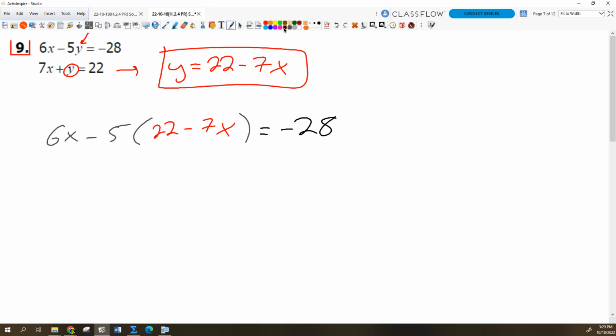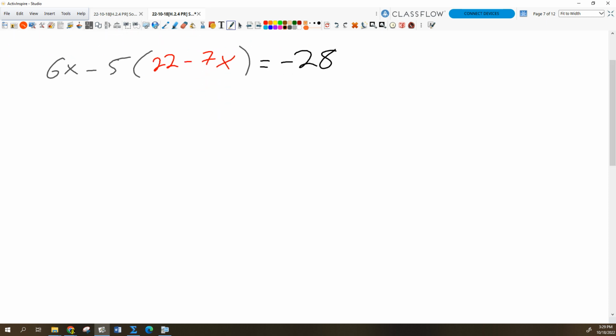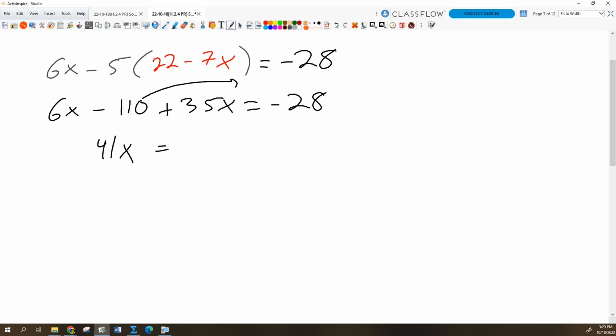And there's only one kind of variable there, so I can solve that equation. That's no big deal, right? What do I distribute? The negative 5. So 6x minus 110 plus 35x equals negative 28. If I combine like terms, 41x. If I add the 110 to that side, I get 82. What's x equal to? 2. So I get x equals 2.